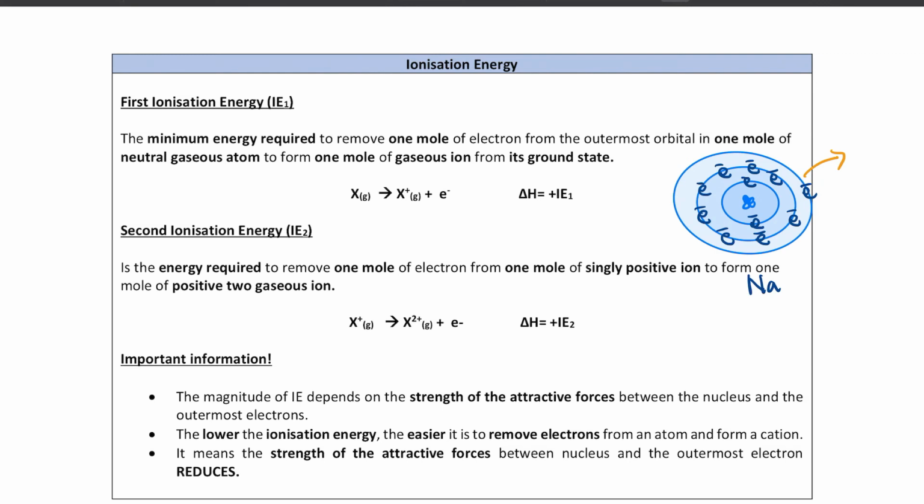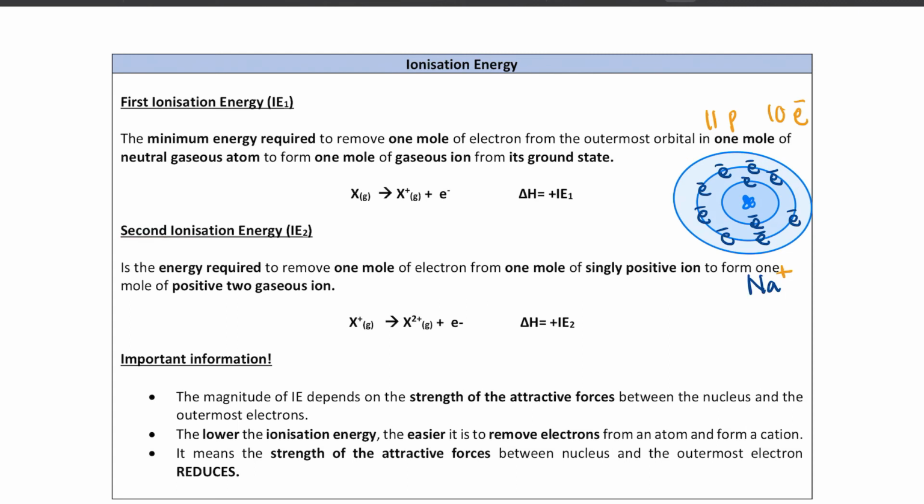Okay, so tadi initially this is sodium atom lah. But when we remove the electron yang dekat orbital paling luar tu, the outermost orbital, we are left with 11 proton, 10 electron. So that's why the charge dah jadi Na+. So sekarang kita dah ada Na+ ni, kita nak remove lagi another 1 electron.